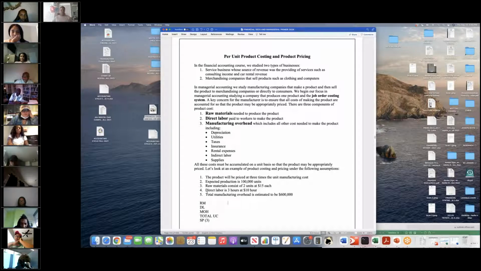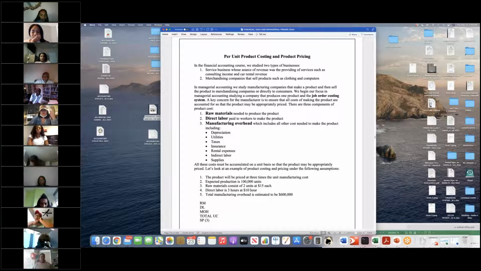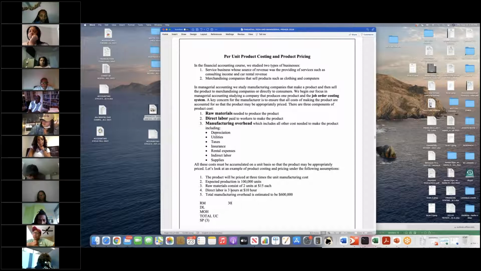I've got to have 2 units at $15 each in my book. $30? Yeah, $30 is about the number. So it's 2 units at $15, which is $30. My direct labor is taking 3 hours to make it at $10 each.